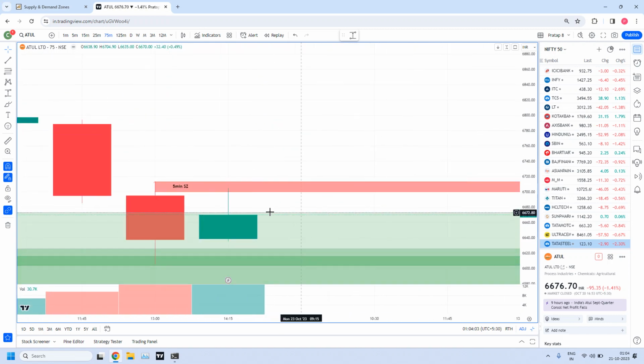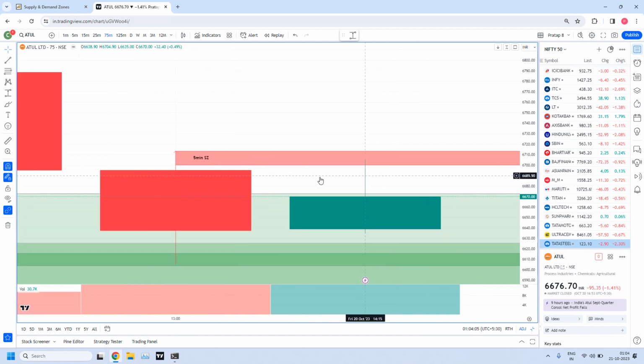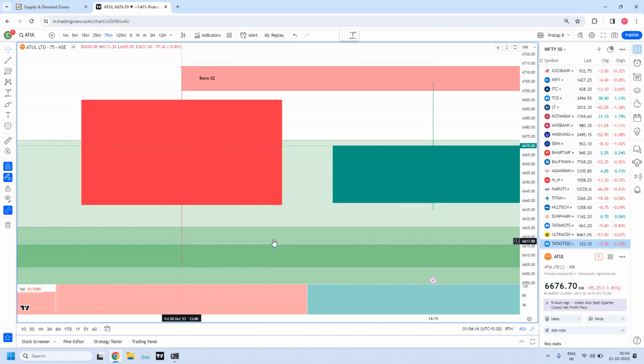See what happened? It didn't hit the stop loss, but almost near. Maybe it could be some 2 or 3 rupees below this. You may find your distal line. Just before your distal line, maybe 2, 3 or 4 rupees, the price again moved up.